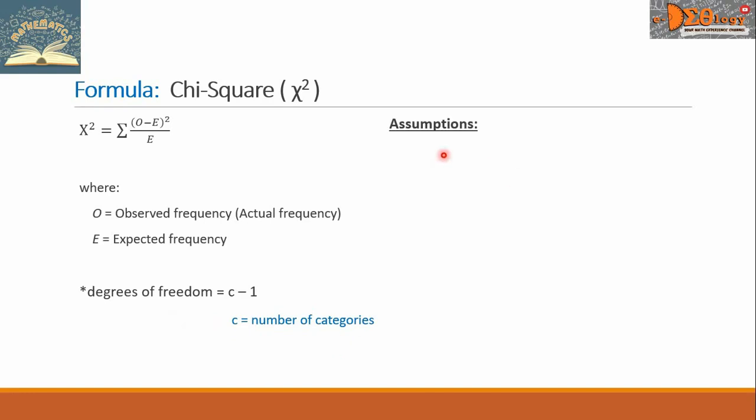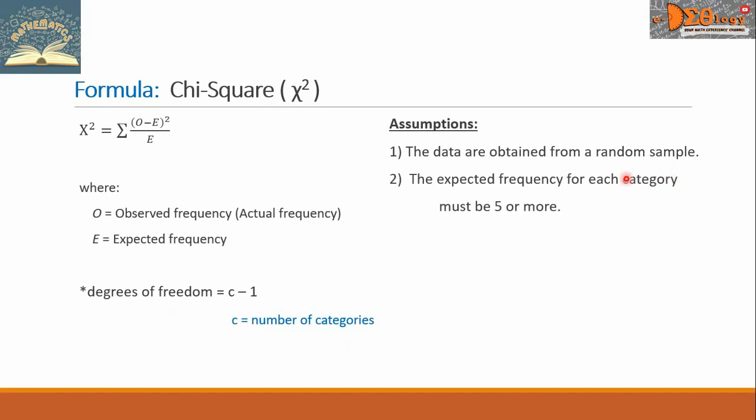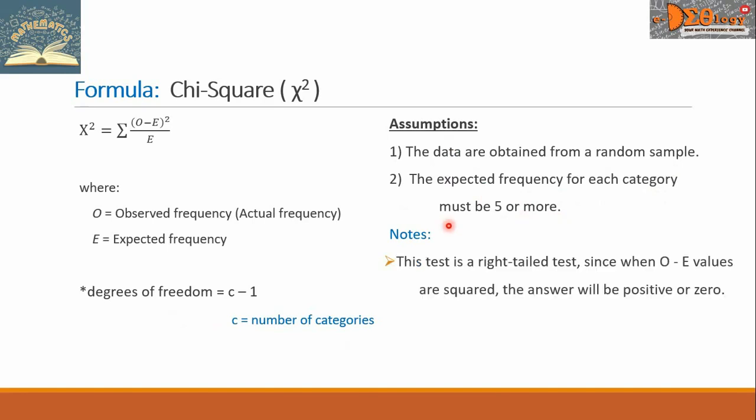There are assumptions for chi-square. Number 1, the data are obtained from a random sample. Second, the expected frequency for each category must be 5 or more. We have some notes here.